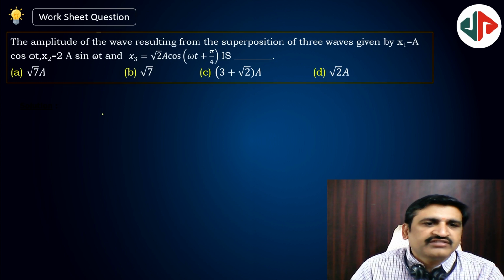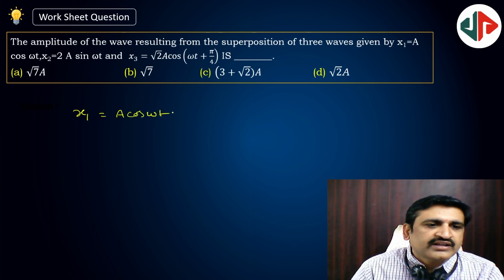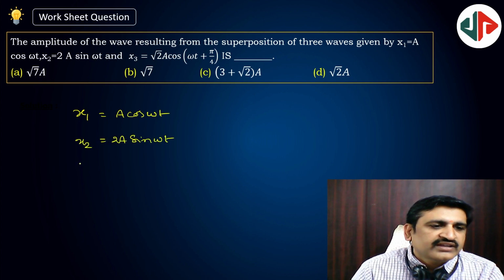Find the amplitude of the wave resulting from superimposition of three waves. x1 is equal to a cos omega t, and x2 is equal to 2a sin omega t. x3 is equal to root 2 a cos omega t plus pi by 4.